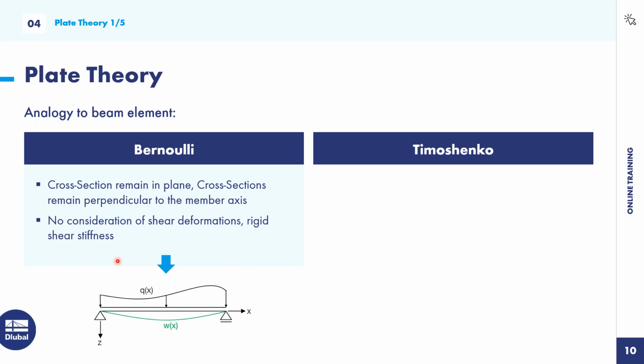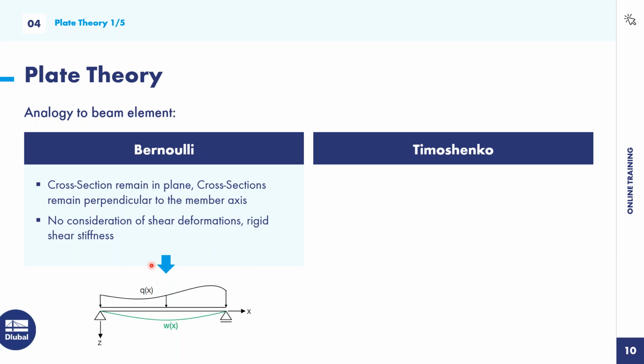So what do I consider here? Or what are my assumptions here? So my cross-section remains in plane. Also, the cross-section after the deformation remains perpendicular to the member axis. So here we don't consider any shear deformation. So we don't activate any shear stiffness.